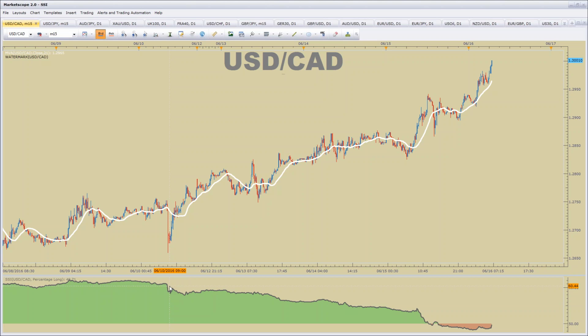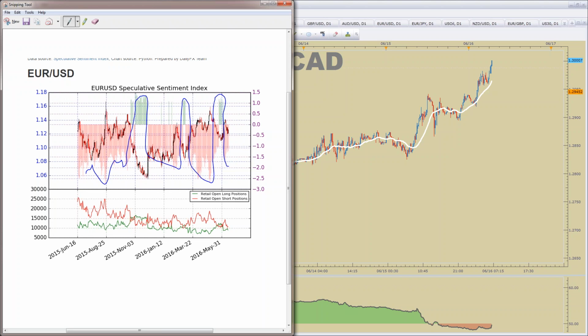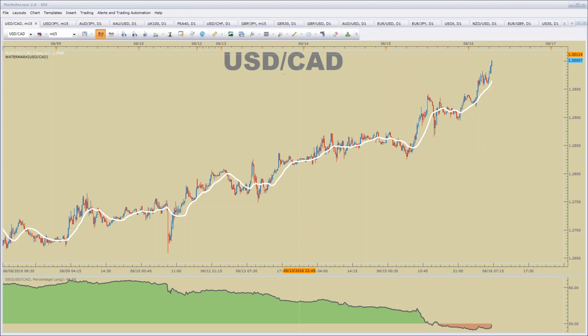Yes, Demetrius, that's correct. The retail trader in aggregate is fighting this position as it's moving higher. Given the track record of the retail trader, I think I'll go the opposite way. Thank you very much. This is just another visualization of dollar CAD.